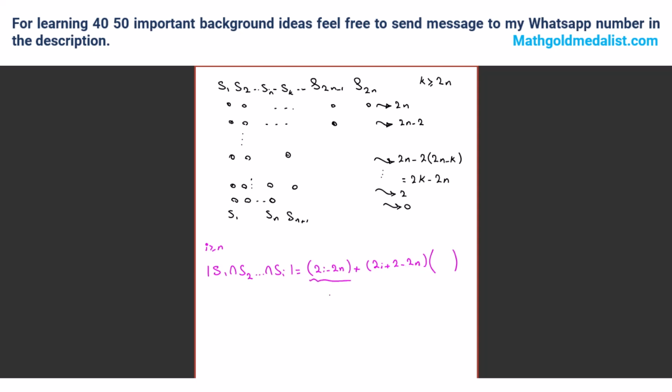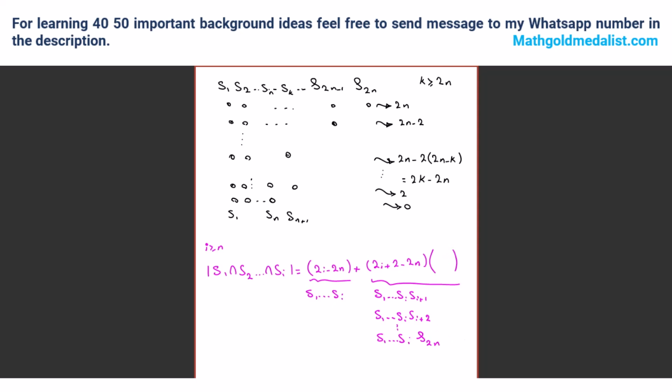Because look, this one is only for S1 to Si, right? But do you agree for the next part we should consider S1 to Si, Si plus 1, S1 to Si, Si plus 2, right? To S1 to Si to S2n, right?